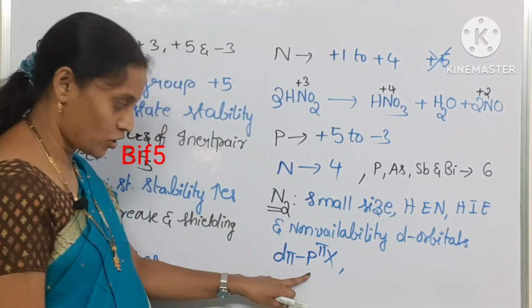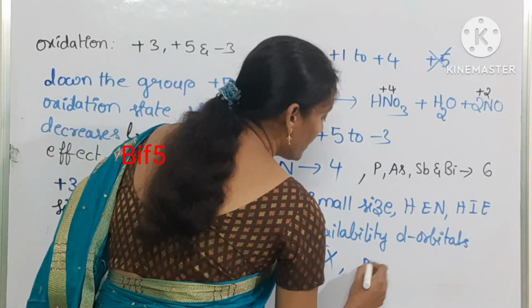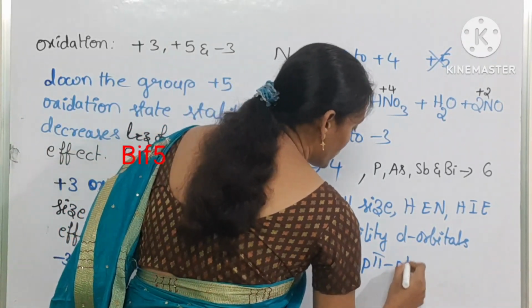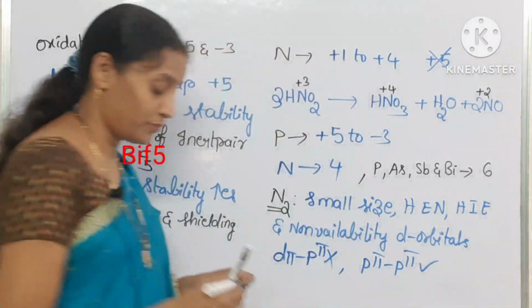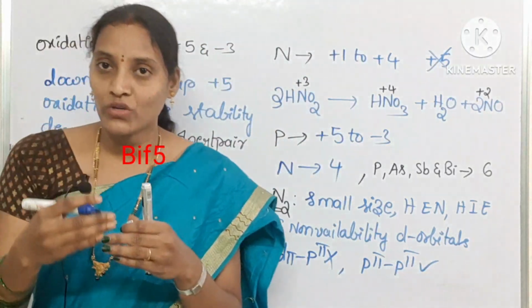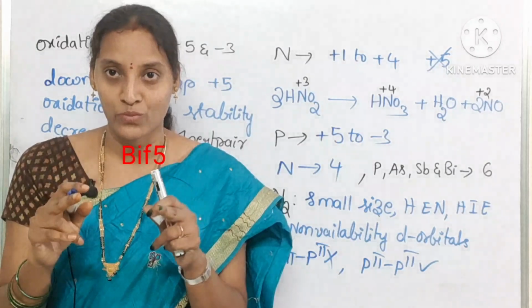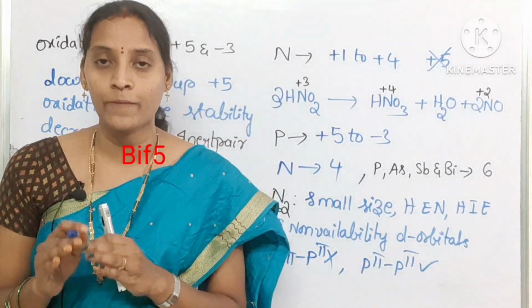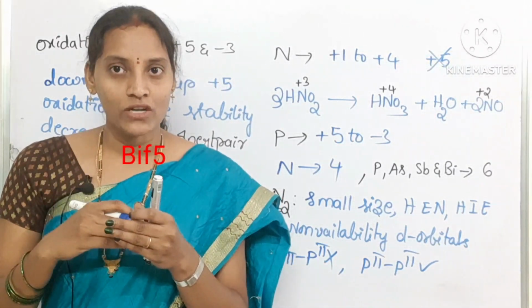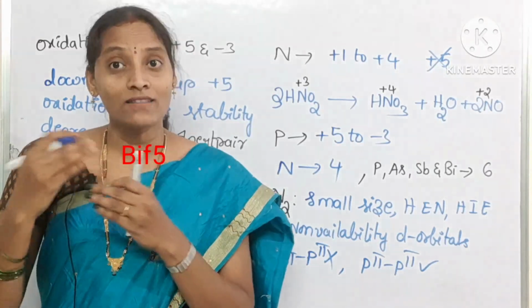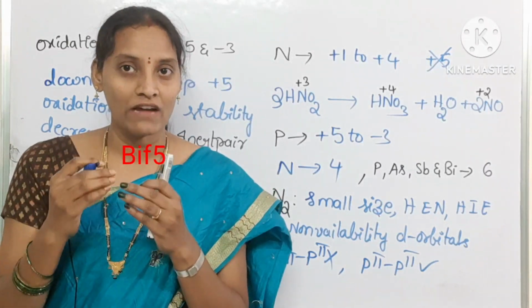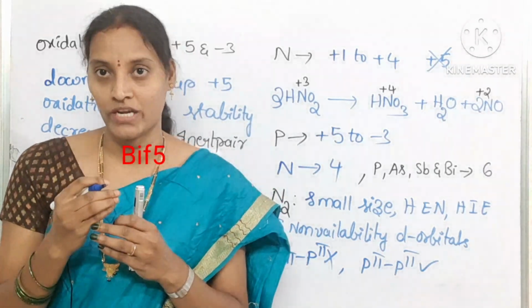This one is not possible, but pπ-pπ bonding is possible with itself. If you take dinitrogen, there is a triple bond with a pπ bond with itself, and also with other atoms that have small size and more electronegativity.